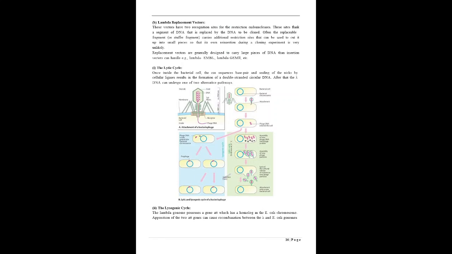They contain a stuffer fragment flanked by restriction sites, and the function is that when the stuffer fragment is removed and replaced by the target foreign DNA, it allows the cloning of much larger DNA fragments compared to insertion vectors. Replacement vectors are generally designed to carry larger pieces of DNA than insertion vectors can handle.